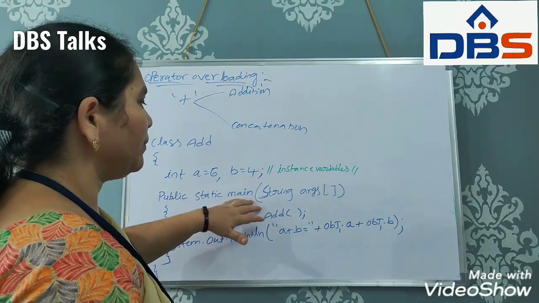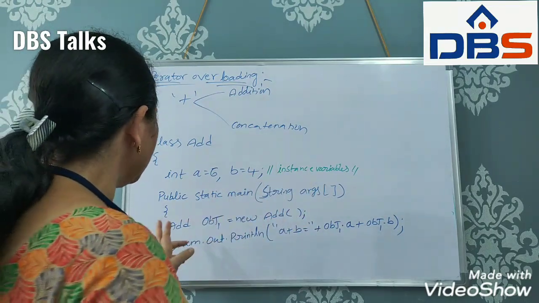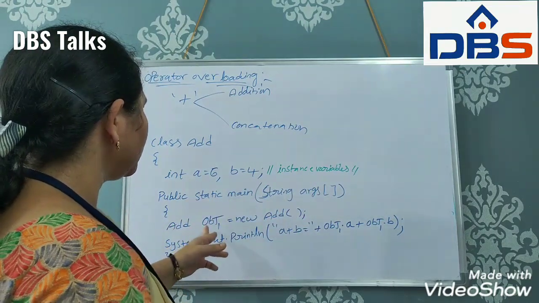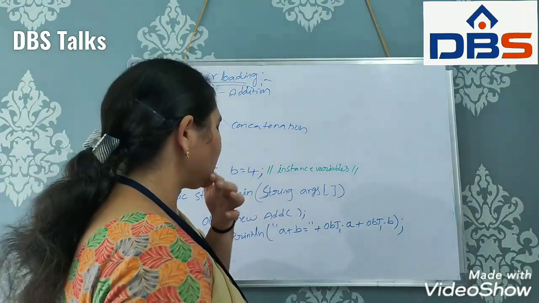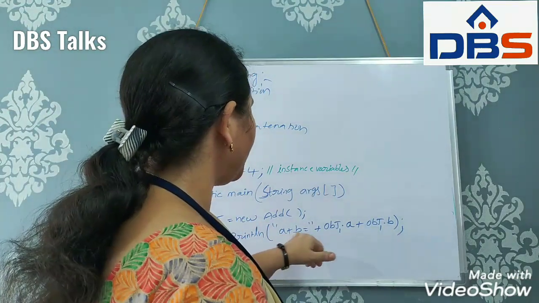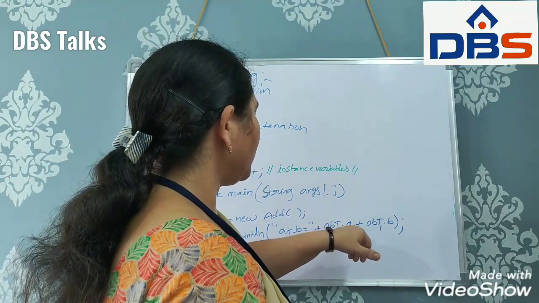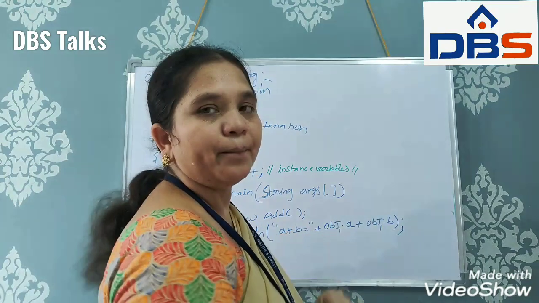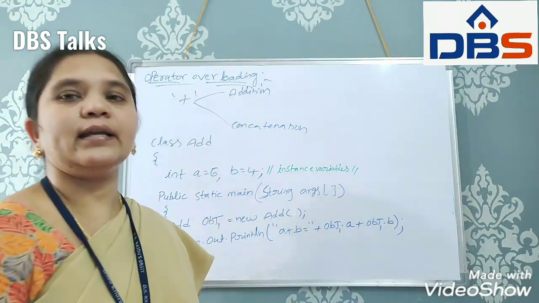Then I will open the main method, passing the argument String args. Then I will create an object, obj1. Then I will print. I want to perform the addition operation directly, that's why I am using a plus b is equal to obj1.a plus obj1.b. So according to this program, which output will we get? Guess?